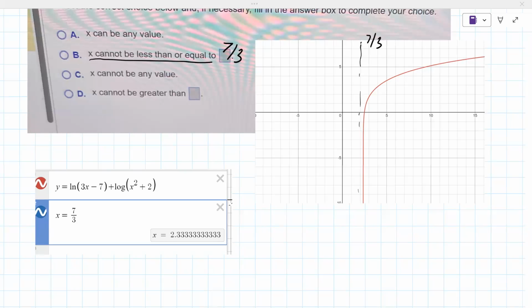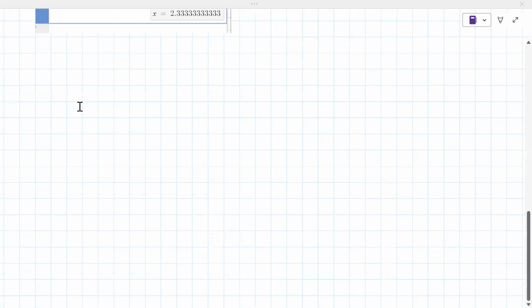This one is very much straightforward. Basically, you're putting the value of t into this equation here.